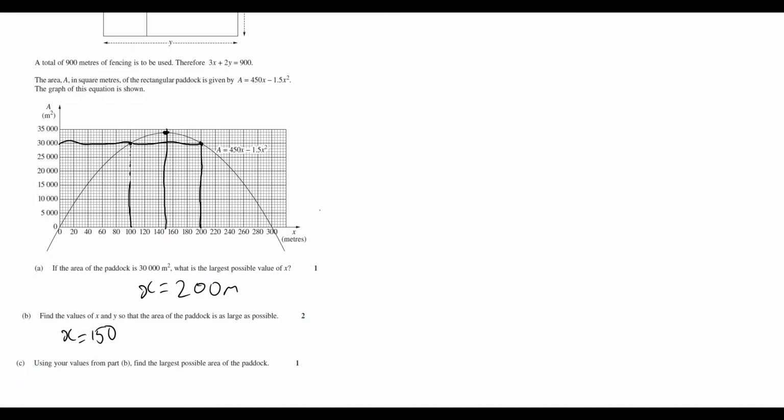So if x equals 150, what is y going to be equal to? Well, to figure out y, we actually need to return to our equation at the top of the page here. So 3x plus 2y equals 900. So if x equals 150, then 3 times x, or 3 times 150, is now going to be 450, plus 2y equals 900.